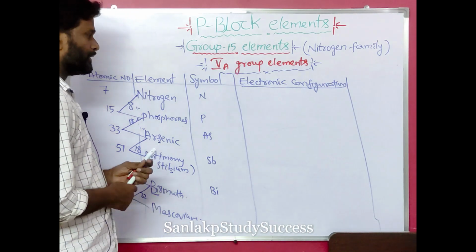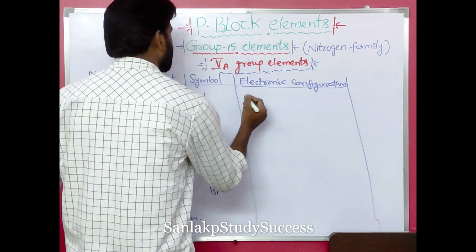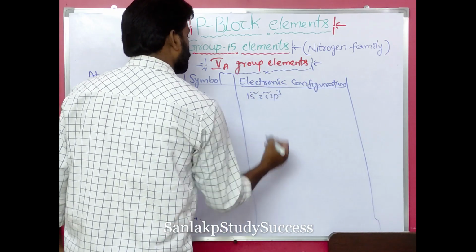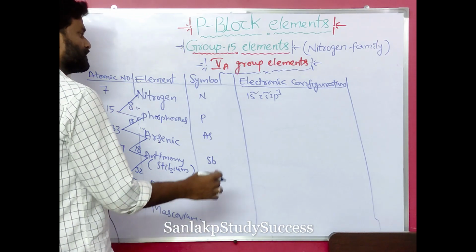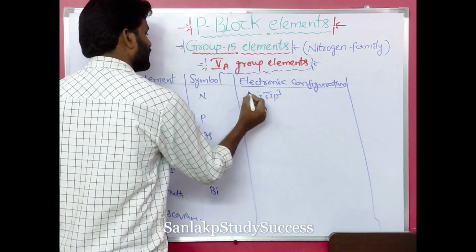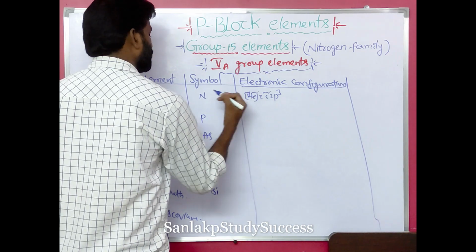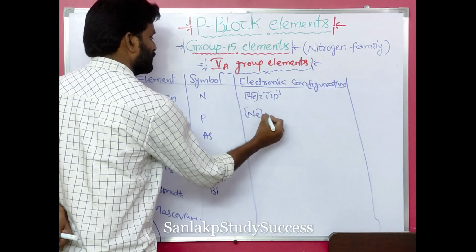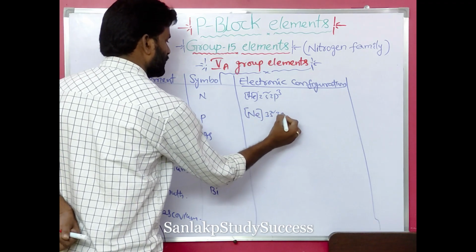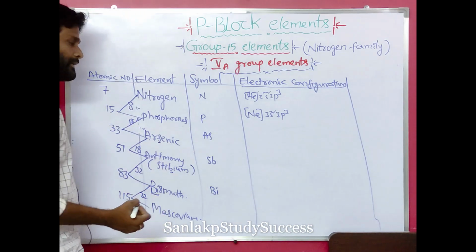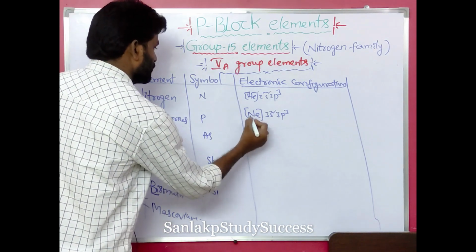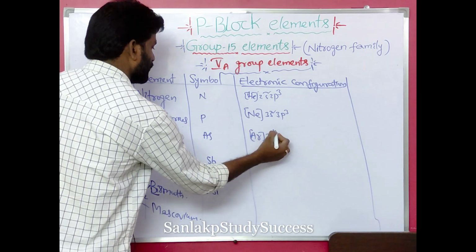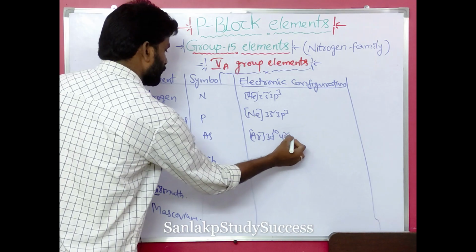Now we can write its electronic configuration. Nitrogen: 1s2 2s2 2p3. This 1s2 is helium, the inert gas element. Similarly, phosphorus: neon 3s2 3p3. Next one, arsenic: helium, neon, argon, 3d10 4s2 4p3.